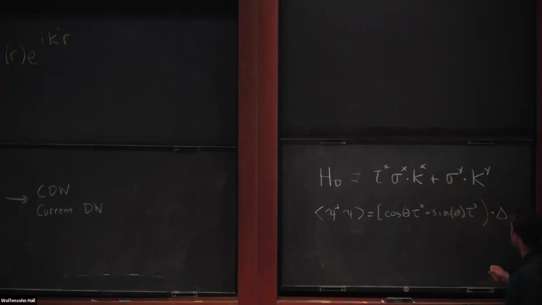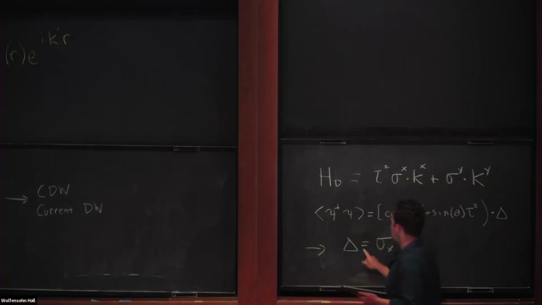So then we can ask, if I demand that delta is something which is the identity in the spin space and acts only on sublattice, what terms here anti-commute with both this and this? And the only option is delta equals sigma x. So this type of IVC plays a kind of unique role for graphene. It's the type of IVC which opens up a gap in the effective Hamiltonian.